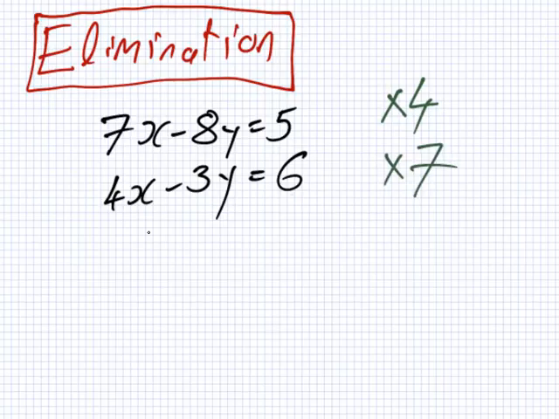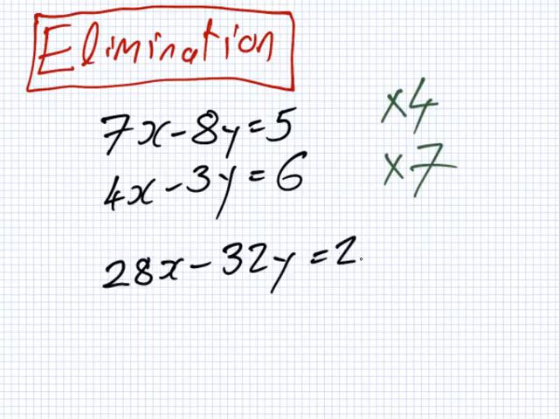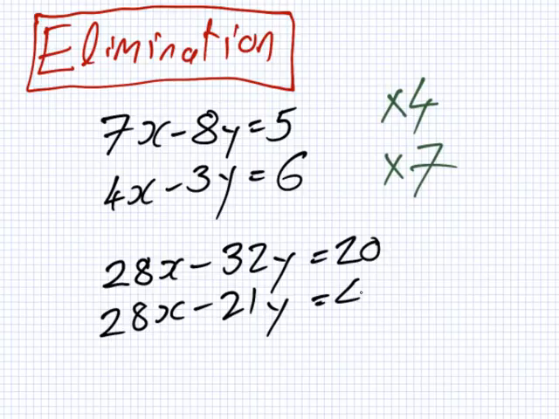The first one will become 28x minus 32y equals 20. And then the second one becomes 28x minus 21y equals 42. So now we have the x's the same. Cancel the x's.